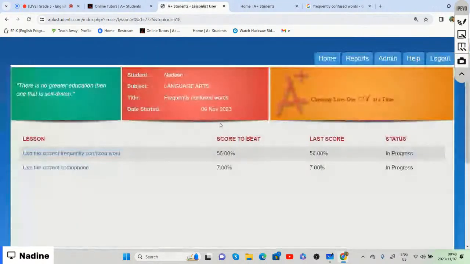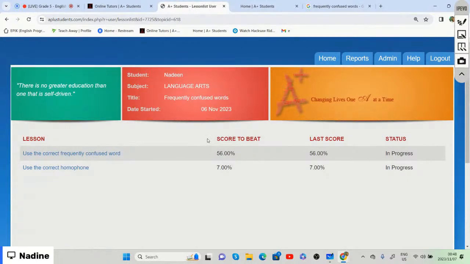All right, so that is now the end of our lesson on frequently confused words, right? And we said frequently confused words are words that you use in a different context, or the spellings are similar, the meanings are similar, or they are pronounced either the same or similar.